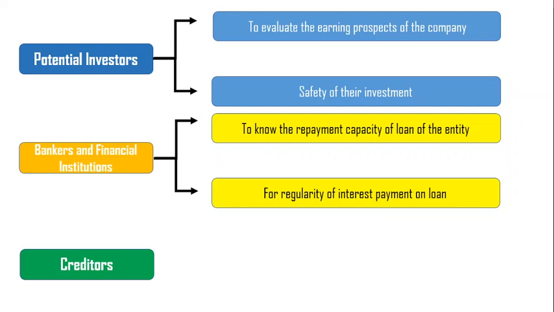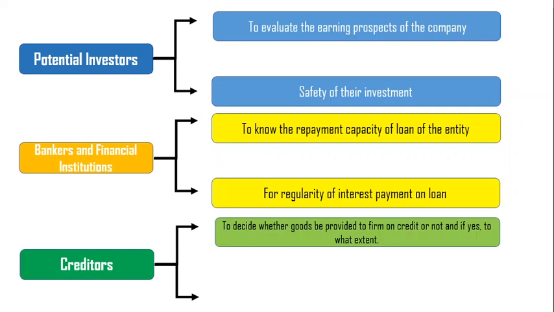Now the point here is, even in a company, suppliers, the ones who provide goods on credit to the business entity, would like to know the creditworthiness of the company. Accounting information helps to provide information about the financial soundness of the business, so they can decide whether the goods are to be provided on credit or not.